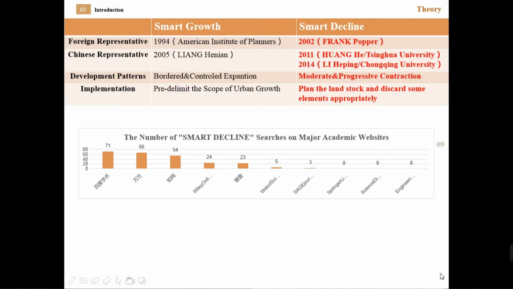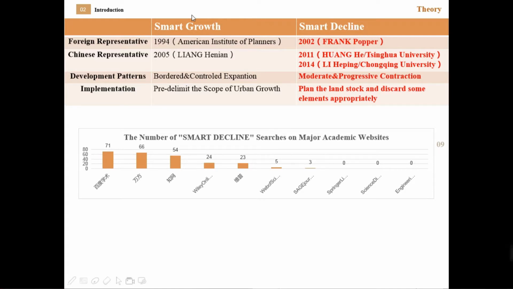So here is the fundamental theory of my thesis. This is called smart decline, which is a kind of branch of smart growth theory.